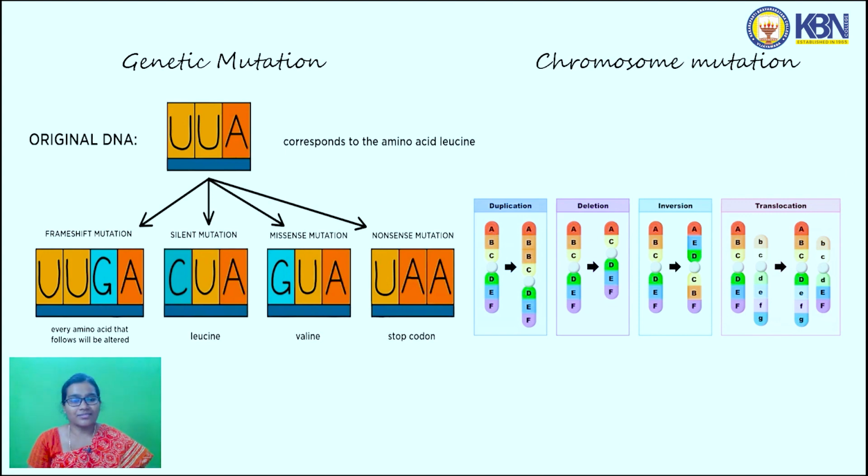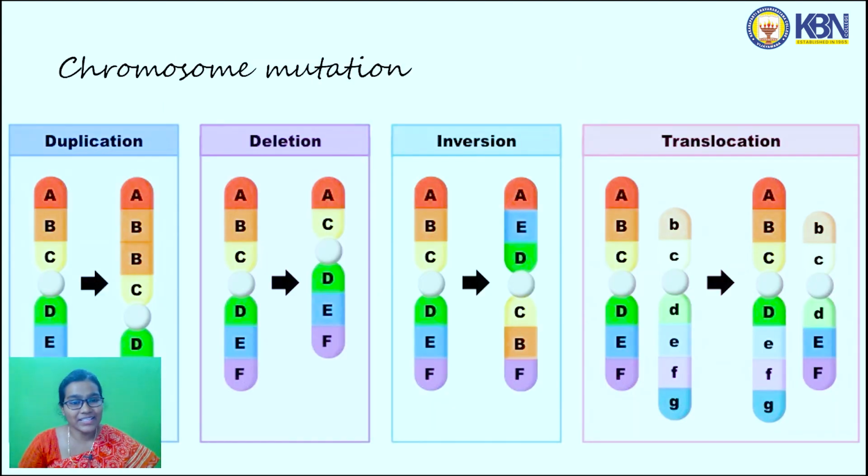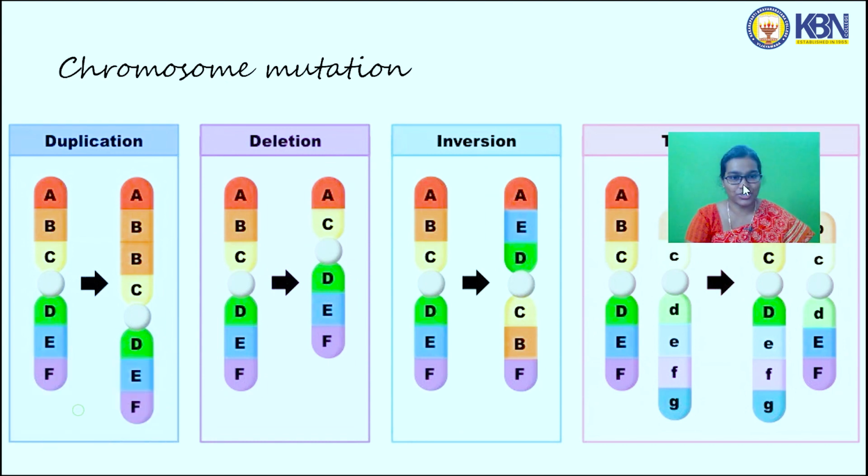The two are quite similar but are very different. Let us understand more about what's genetic mutation and what's chromosome mutation, shall we? Let us start with chromosome mutation first.